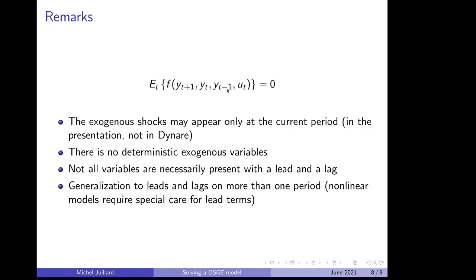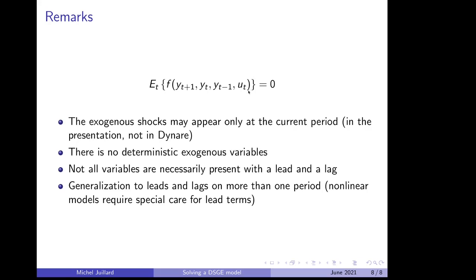And that we use only for presentation. And Dynare will introduce auxiliary variables when you have shocks appearing in the future or in the past, so as to bring the working model back to this form.